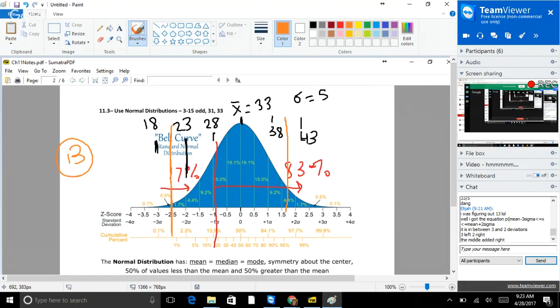You can either add up all these guys in the middle, or you could add up the guys on the outside and then subtract it from 100. Yep, you want to add up all the middle because we're talking about everything in the middle here. Yeah, about 97%, which I think is the answer.